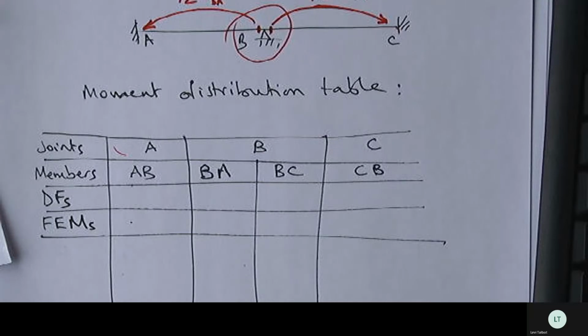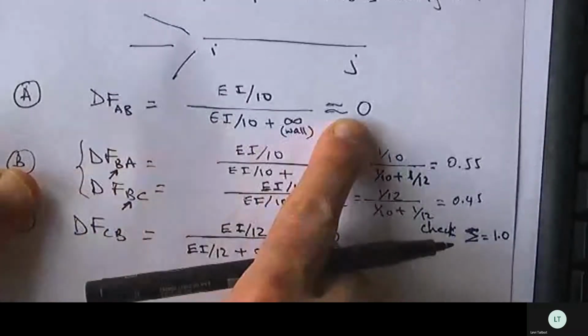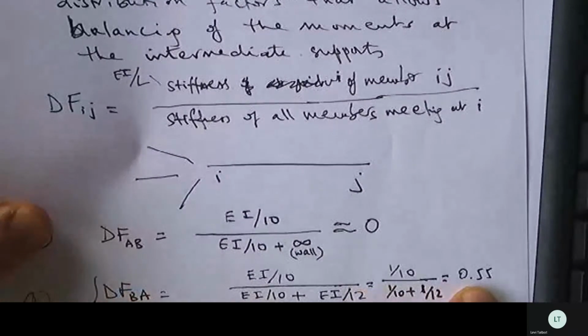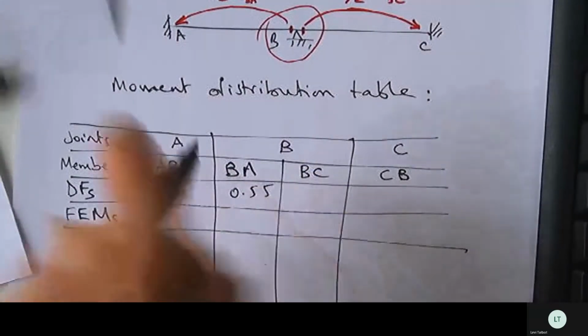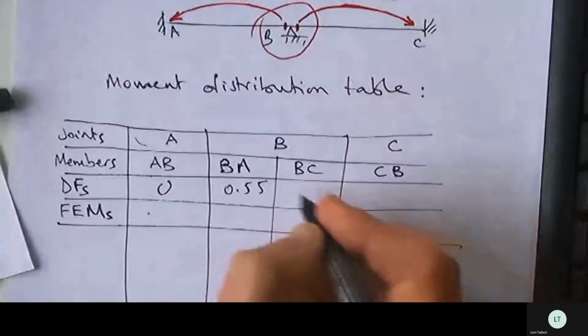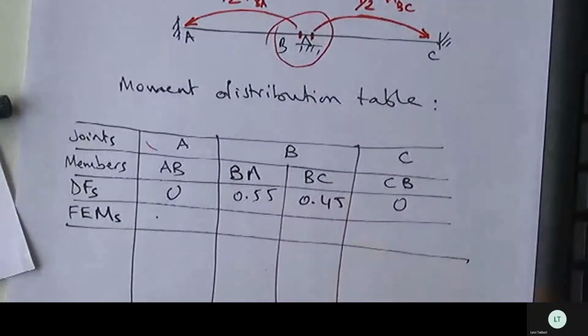Okay, distribution factors. We know the distribution factor at A. For AB, we have 0. For BA, we have 0.55. For BC, we have 0.45. And finally, for CB, we have 0.